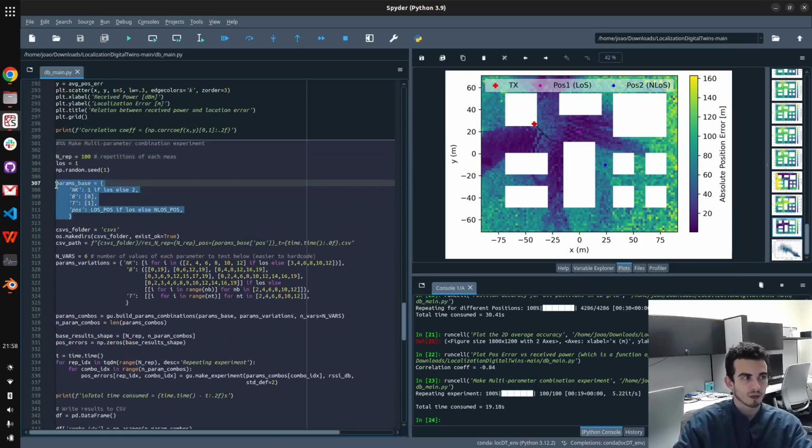Essentially, you set here the base parameters, which is the parameters from which we are going to change things. And then here you make a list of lists, where each of these lists is the new parameter.